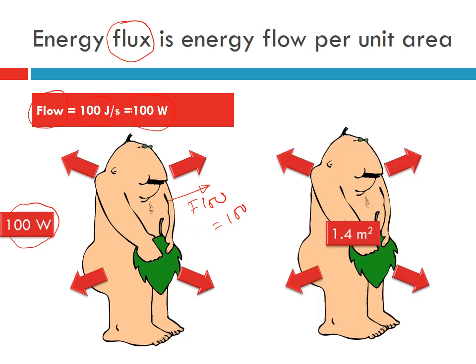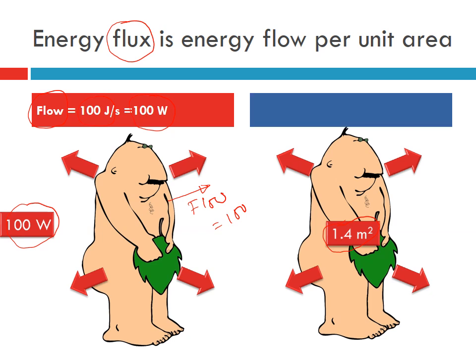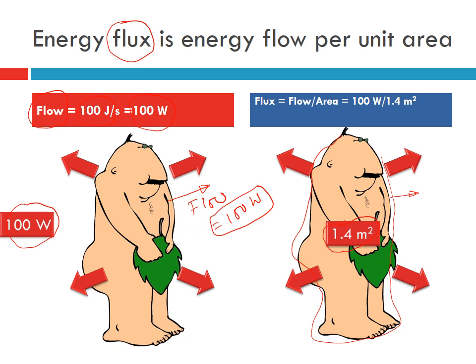Suppose the body surface area, which by the way is the typical body surface area for an average human being, if there is any such thing, is 1.4 square meters. If this 100 watts is equally distributed over all the surface, then how much of that energy is coming out per unit area?